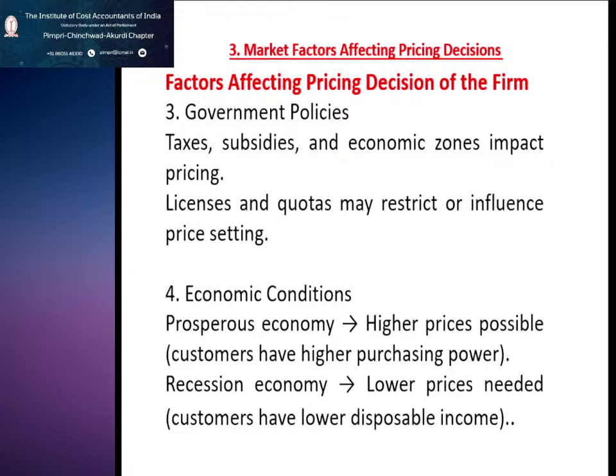And in a recession economy, lower prices are needed because customers have very low disposable income in their hands. So these are the economic conditions that can be considered as the external factors affecting the pricing decision of the firm.